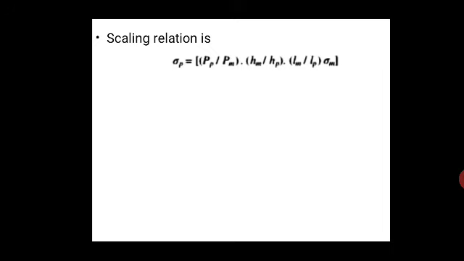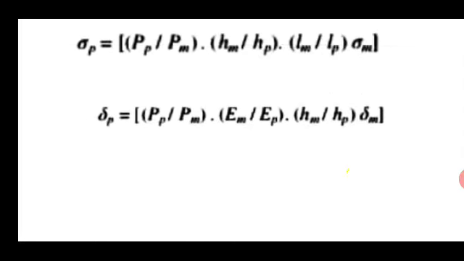And similarly, the displacement in the prototype can be written as delta P is equal to PP by PM into EM by EP into HM by HP into delta M.